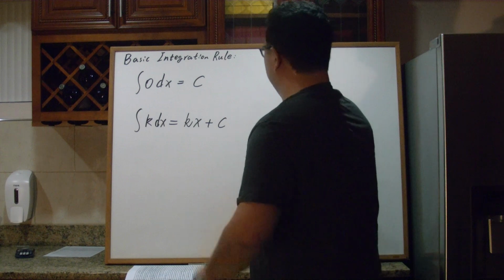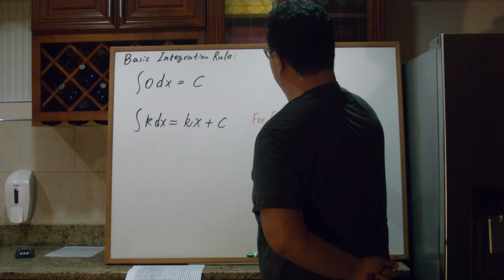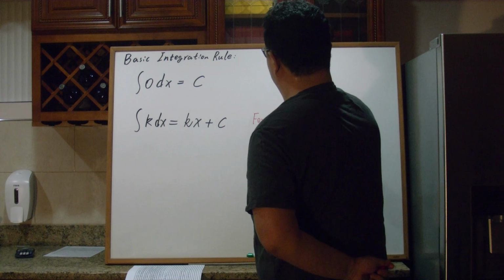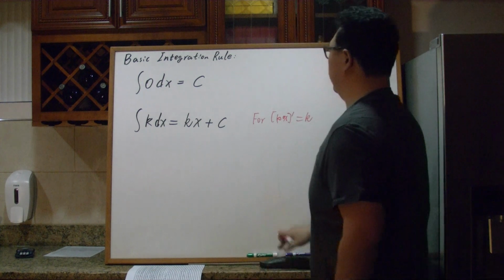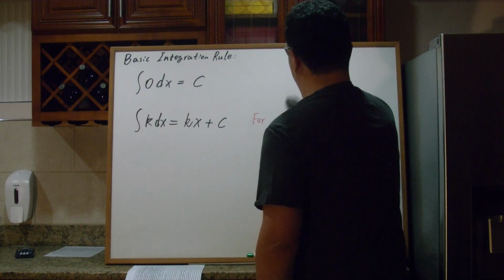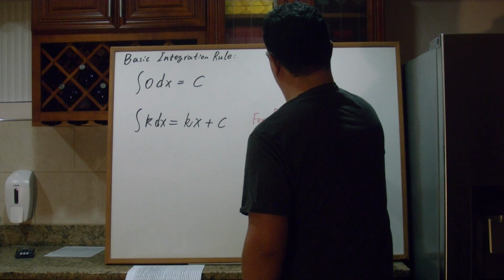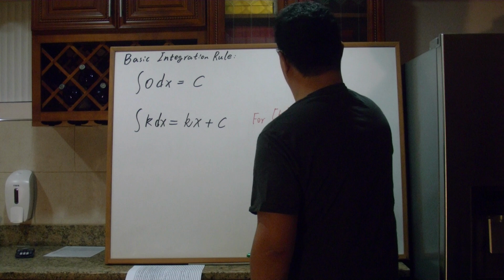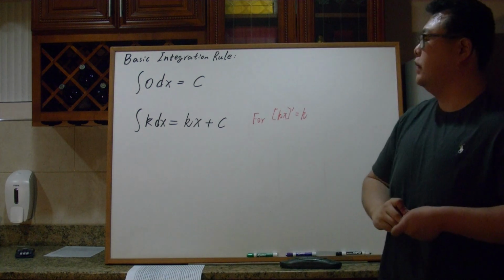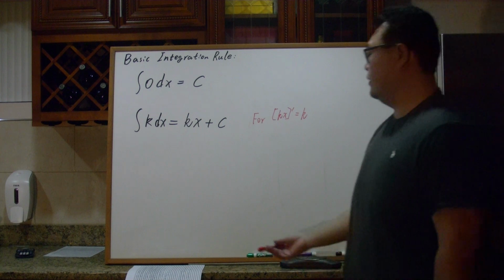Why it is true is because the derivative of kx is equal to k. So the antiderivative of a constant just attaches the variable on its side.